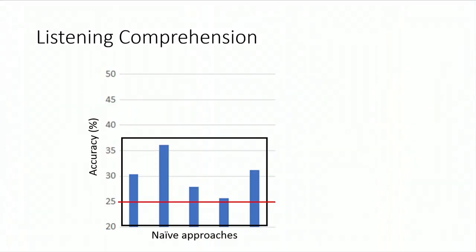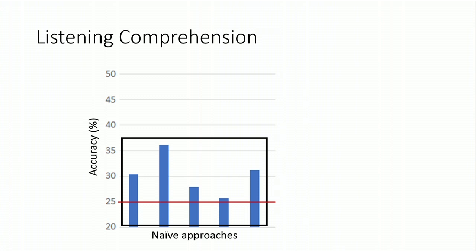And this is the result we can obtain. Before using machine learning technology, we implemented some trivial approaches to see what performance we could obtain, because probably there are some serious flaws in the TOEFL listening comprehension test, so some very naive approach might obtain good results. But unfortunately, none of the naive approaches got good results, so it looks like the questions are well designed.